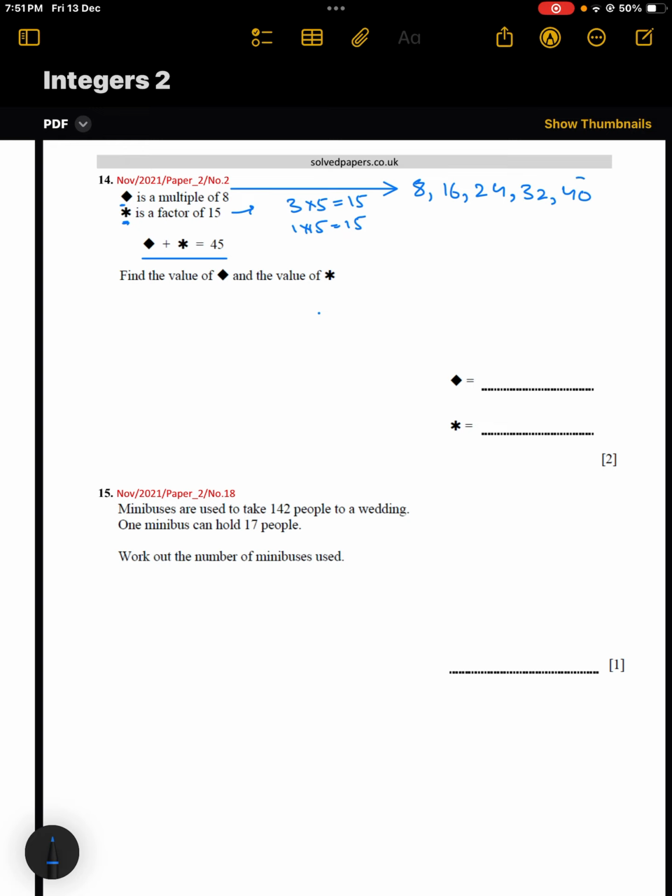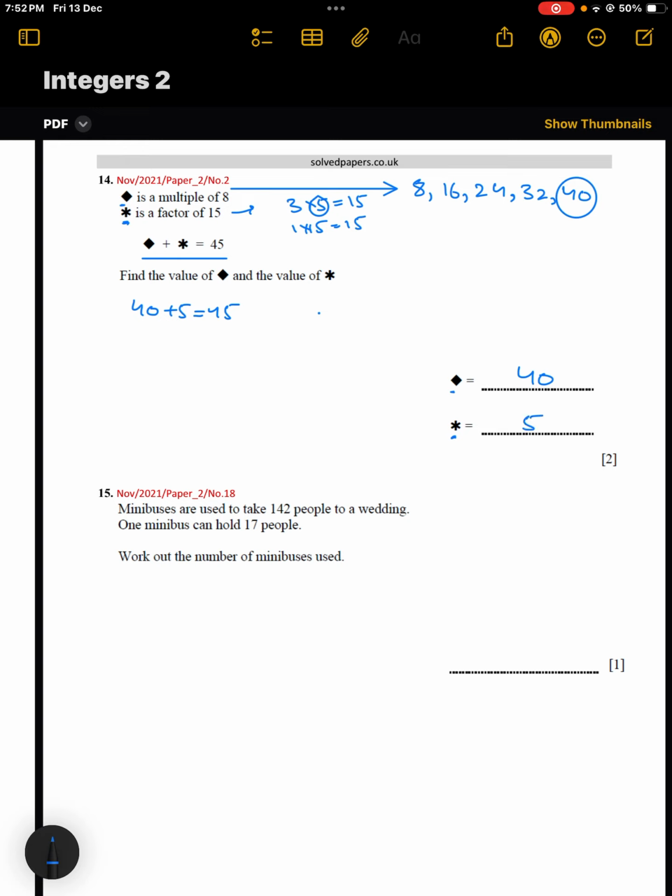So yes, I got the answer. I will choose 40 from the multiples of 8 and I will choose 5 from the factors of 15. So this will give me 40 plus 5 is 45. So the rhombus sign is equal to 40 and this star sign is equal to 5.